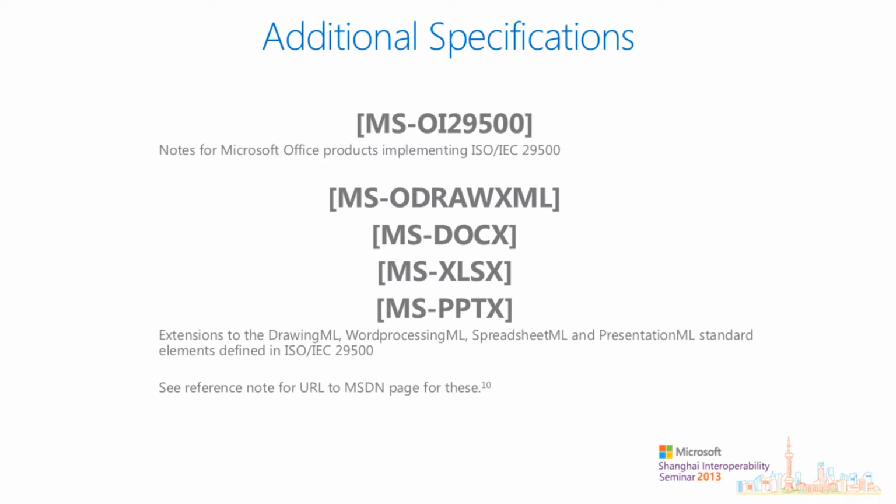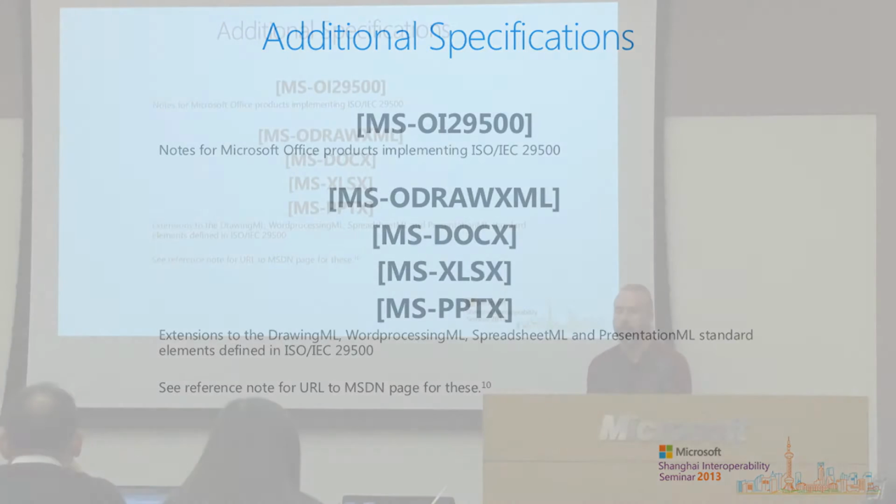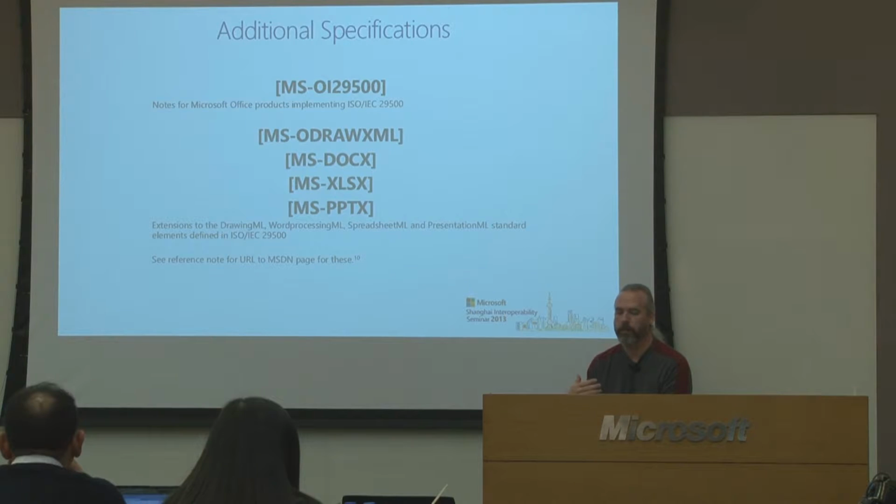Because OOXML is a standard, it's not meant to be implemented only by Microsoft Office. It's intended to be implemented by third parties as well. There isn't specific information in ISO 29500 for Microsoft Office.